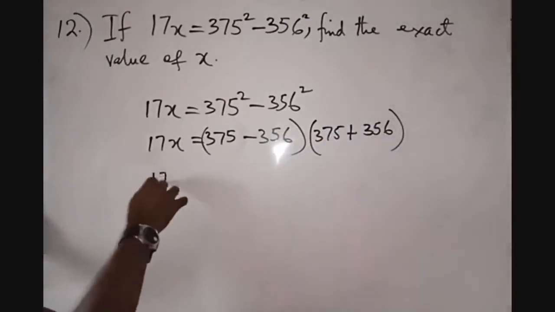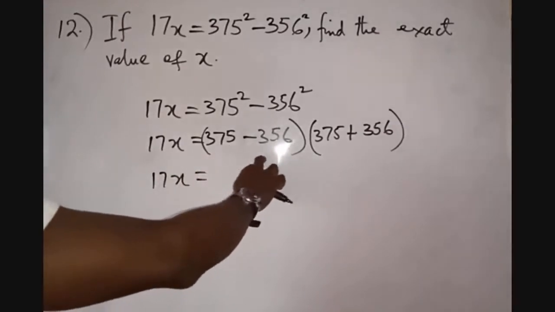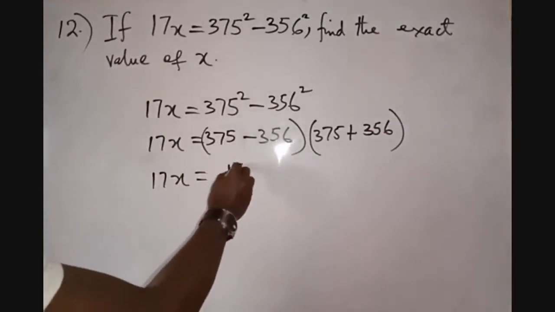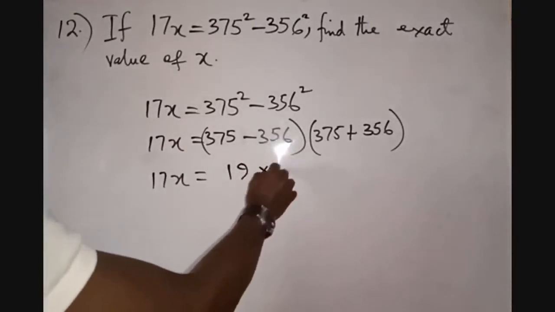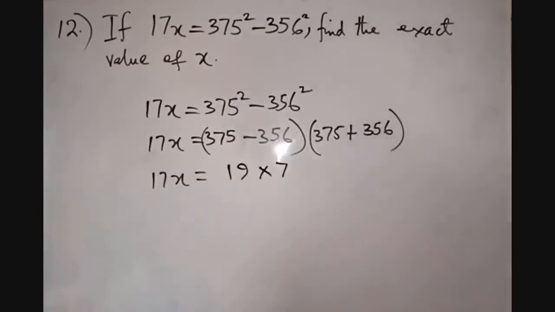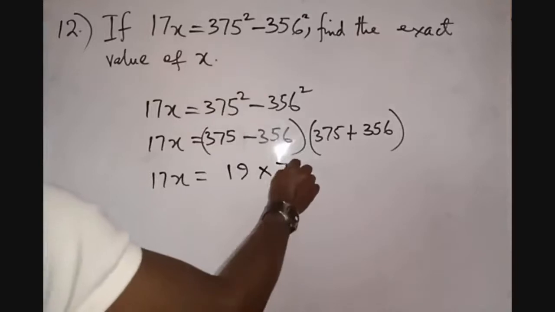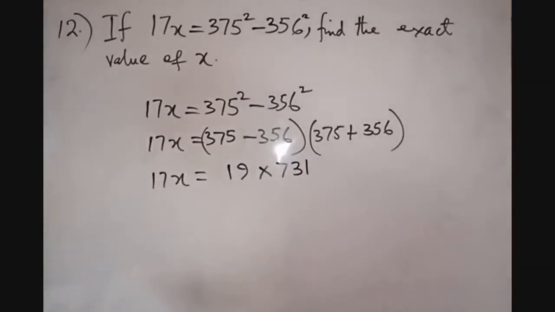So I have 17x. When I find the difference of this, it's going to give me 19. And when I find the addition of the other one, don't forget this multiplication, I'm going to get 731.